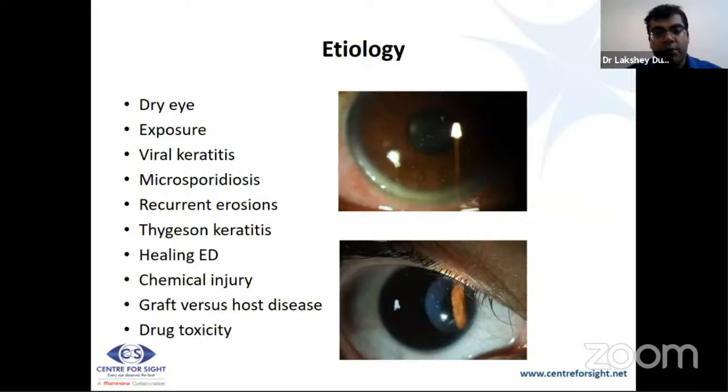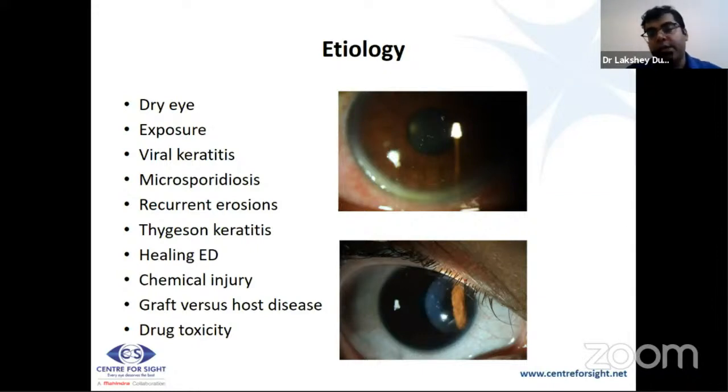They can be seen in dry eyes, exposure keratopathy, viral keratitis, microsporidiosis. Microsporidiosis is in the first image. They are usually coarse SPKs and they give a stuck-on appearance. You will feel as if they are stuck on the cornea.